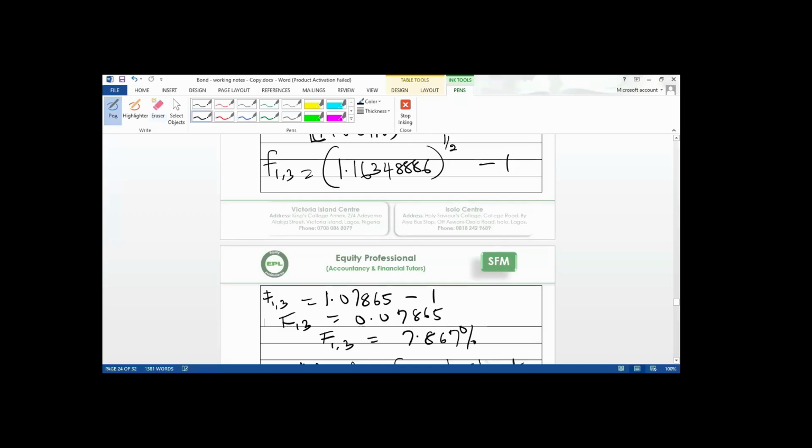This is 2 years forward rates at the end of year 1.